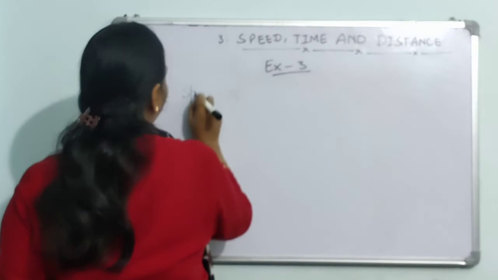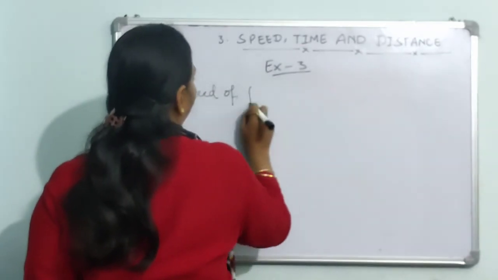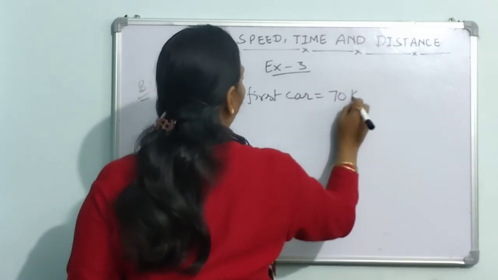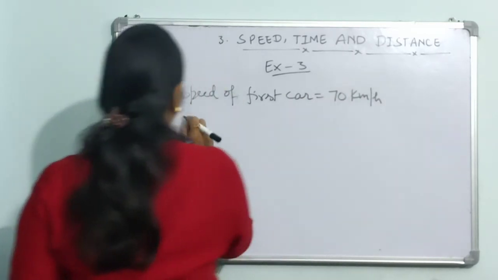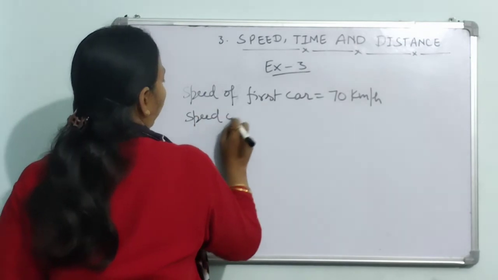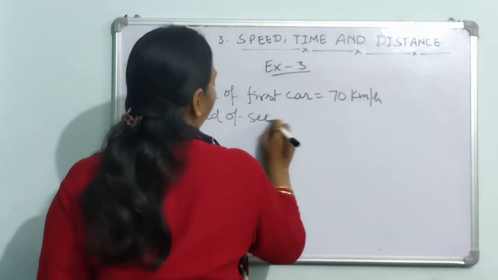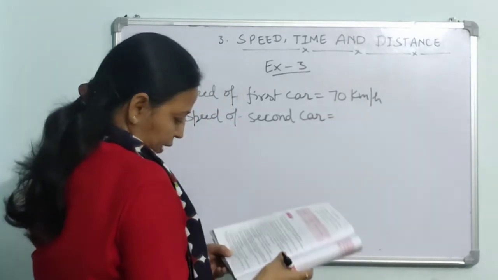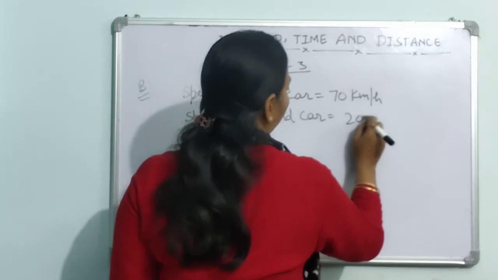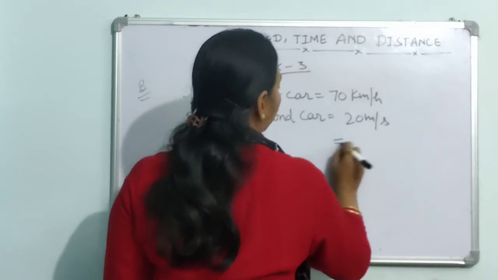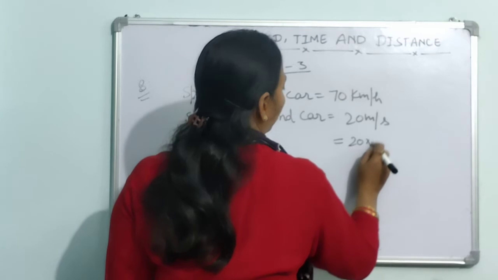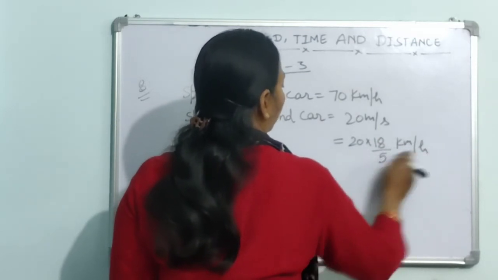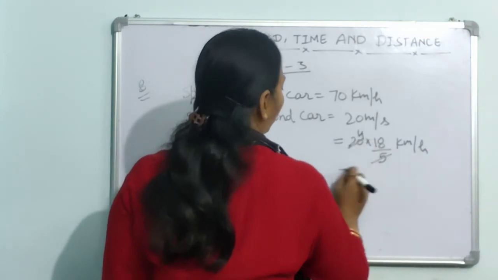You write speed of first car is equal to 70 kilometer per hour and speed of second car is equal to 20 meter per second. Change this 20 meter per second in kilometer per hour. 20 into 18 by 5 kilometer per hour. 5 4s are 20 and 18 4s are 72.